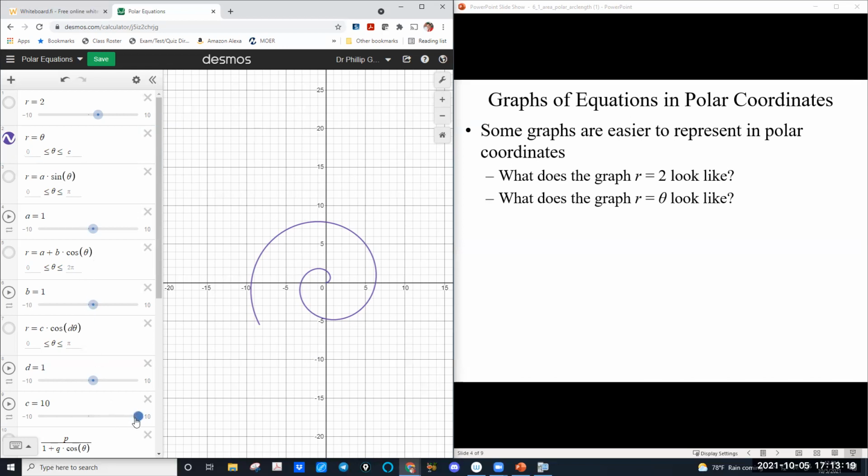But that's what I mean when I say these graphs are created radially. Let's do that again. As theta increases, r increases, and notice it goes counterclockwise. That's always the case, just like the way we measure our angles in trig: quadrant 1, 2, 3, 4. Polar curves are created the same way.